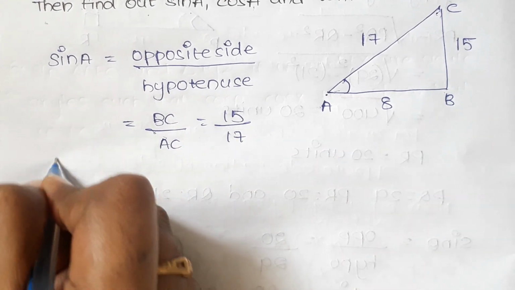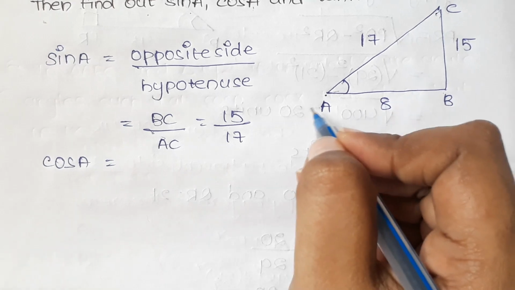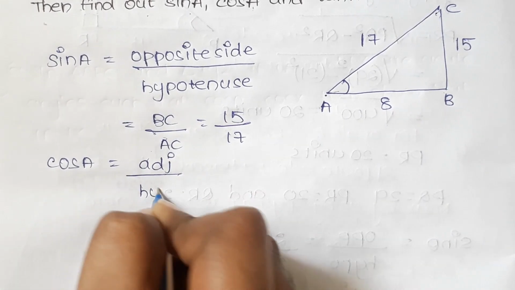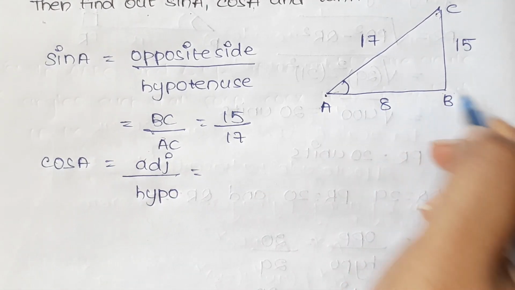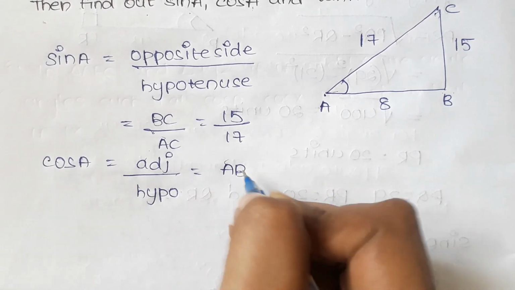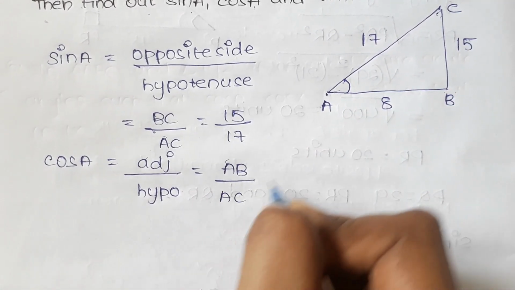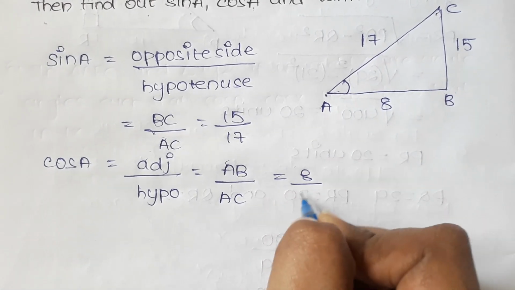And similarly for cos A, adjacent side by hypotenuse. Adjacent to angle A is nothing but AB and hypotenuse is nothing but AC, that equals AB by AC, which is nothing but 8 by 17.